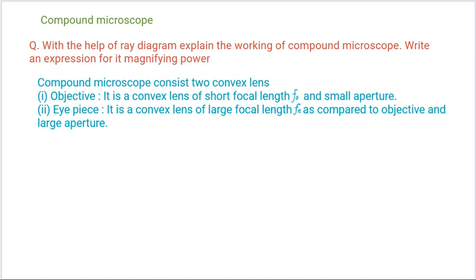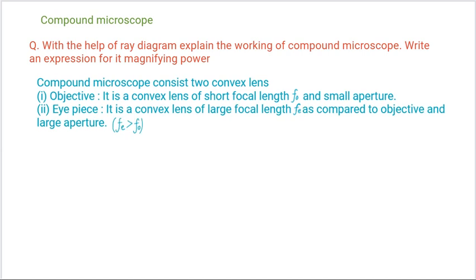I can write that the focal length of the eyepiece F E is greater than the focal length of the objective. And your eyepiece has a larger aperture, meaning it is thicker.